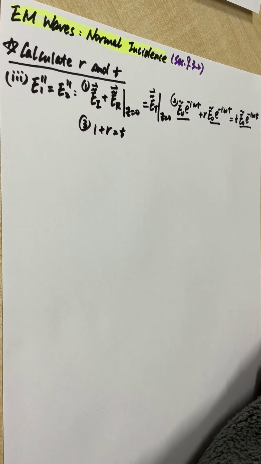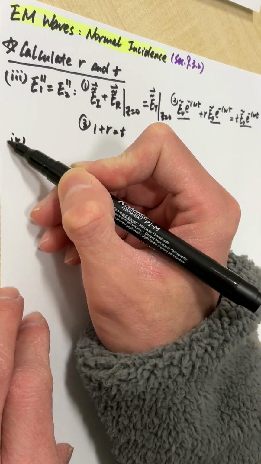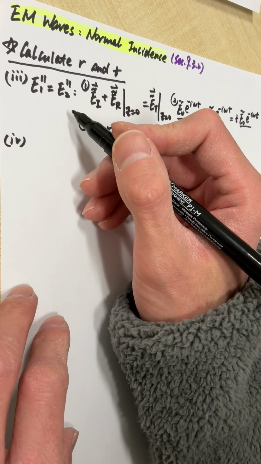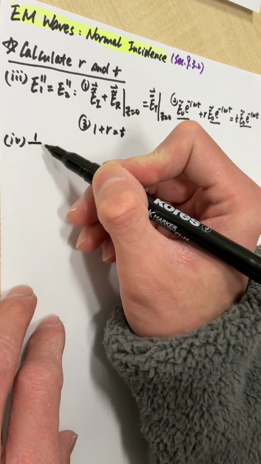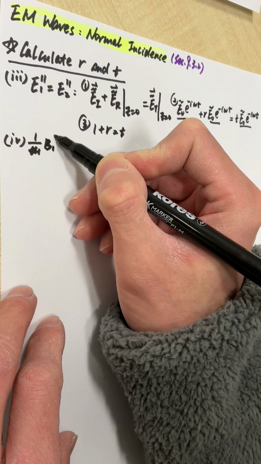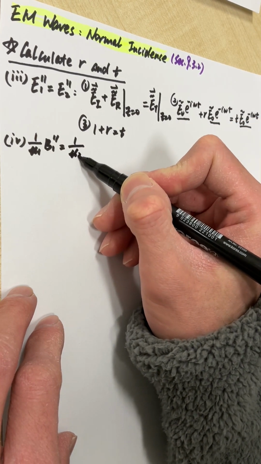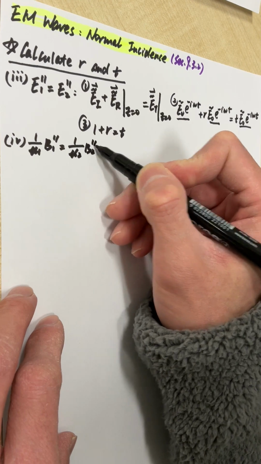The fourth boundary condition: we have 1 divided by mu1 times B1 parallel component equal to 1 divided by mu2 times B2 parallel component.